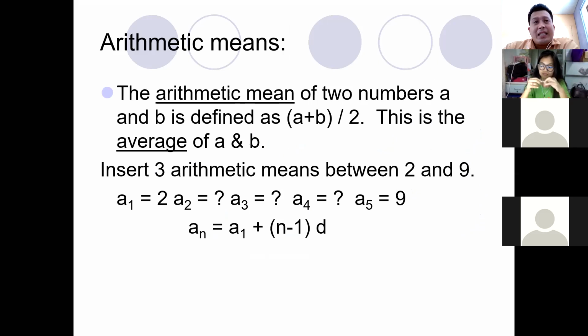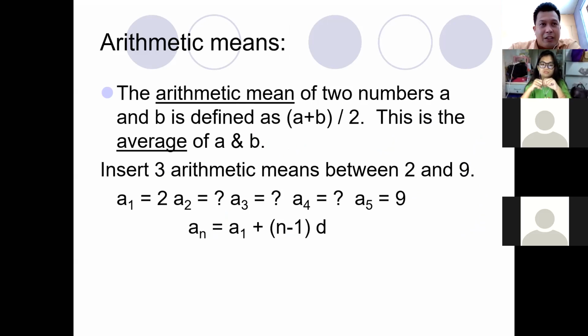Arithmetic means, class, is simply defined as inserting a number between two terms. If you are going to insert only two numbers, you can simply use the formula a plus b divided by 2, the average of the two terms. So just add the two numbers and divide by 2.